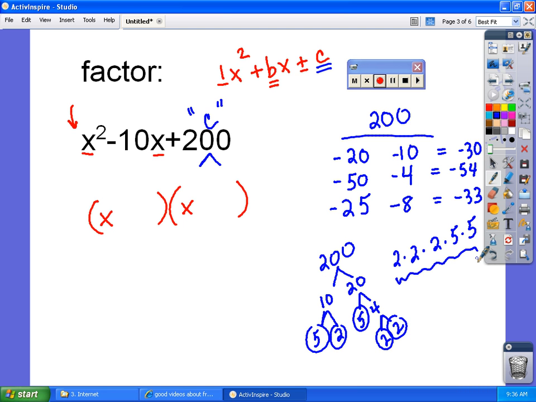So I did this because if I take different combinations of those numbers, I can get all the factors. For instance, if I take 5 times 2 times 2, you get 5 times 4, so you get 20. And then if I take the missing ones, 5 times 2 is 10. That's a factor. We already had that one.